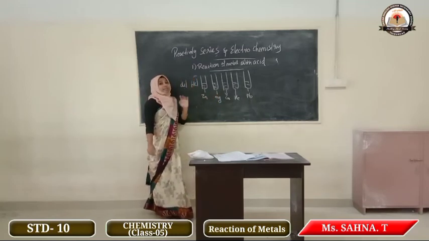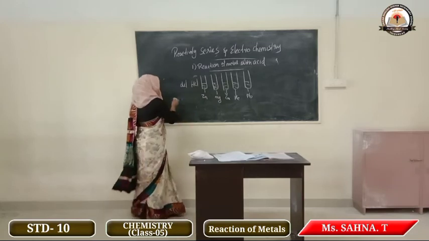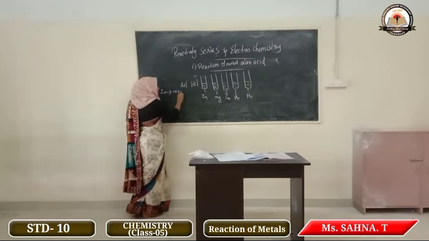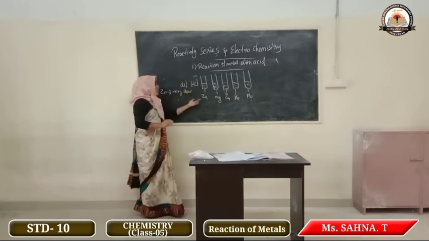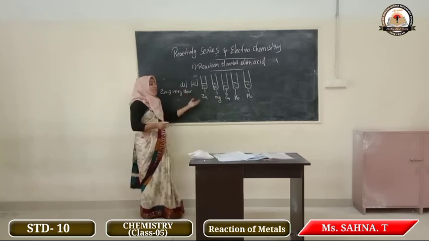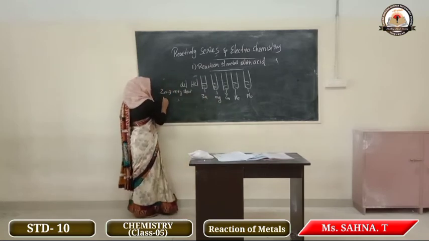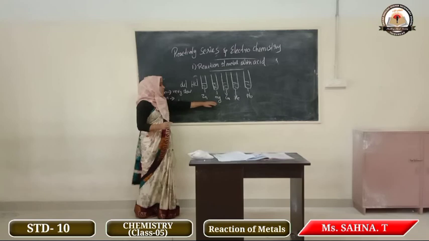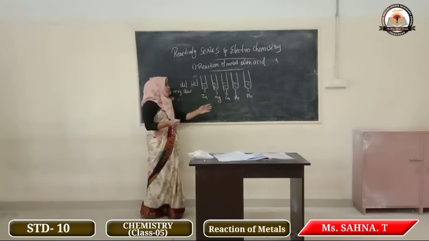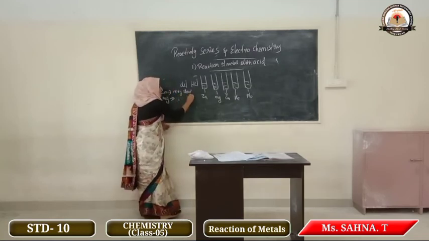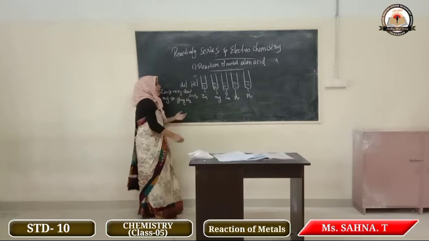Zinc reacts with hydrochloric acid, a very slow reaction, and forms zinc chloride and hydrogen gas. And magnesium also reacts with hydrochloric acid and forms magnesium chloride and hydrogen gas.